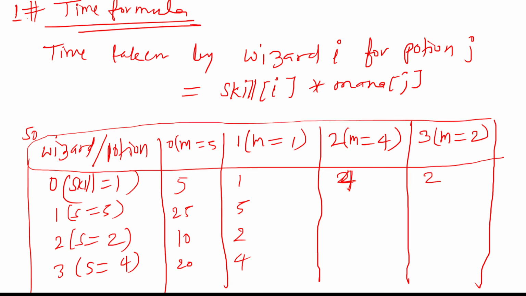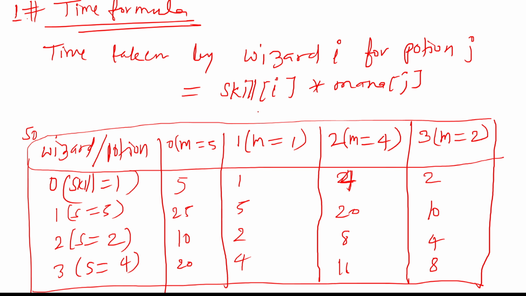We have 4, so we have to multiply. We'll get 4, 20, 8, 16. Here is 2, multiply with the 1 into 2 is 2, and 5 into 2 is 10, then we get 4, and then 8. So this is what we will get once we use the time formula.